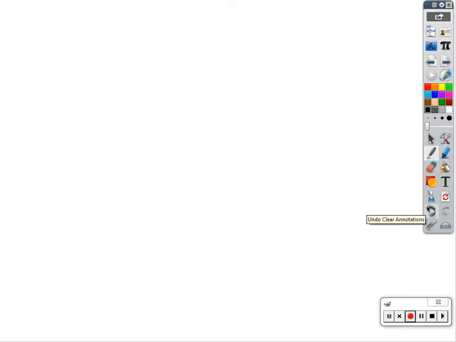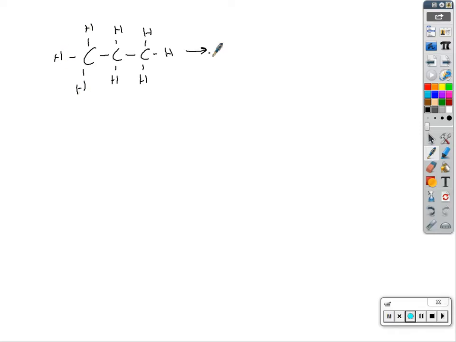We use this in terms of deciding if a compound is saturated or unsaturated. Again, if you're looking at a structural formula, all you're looking at are the bonds in the carbon chain. If all your bonds in the carbon chain are singles, it's an alkane, and it is saturated, because alkanes are the only saturated hydrocarbons.